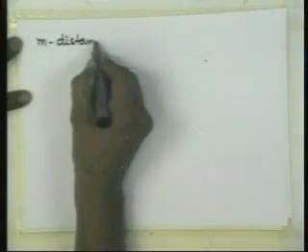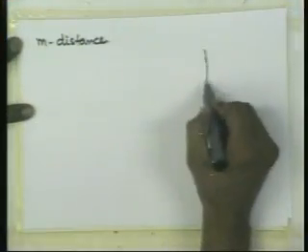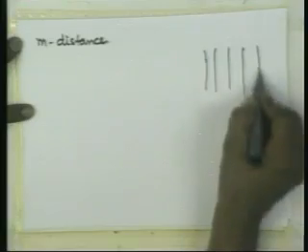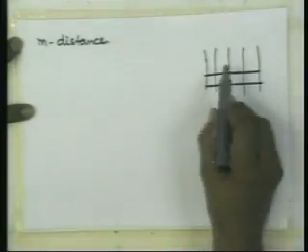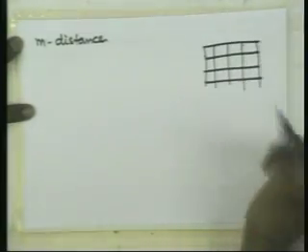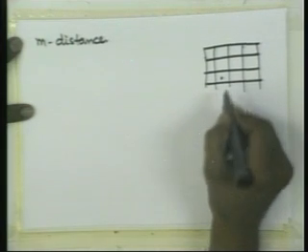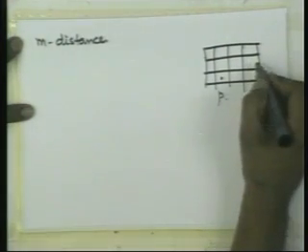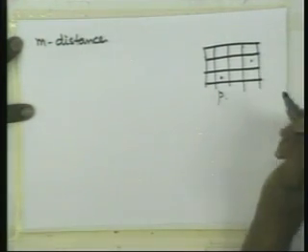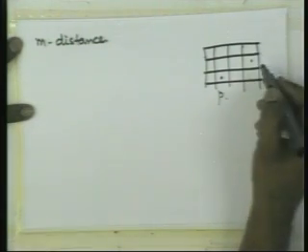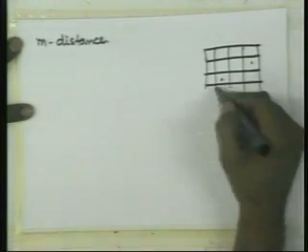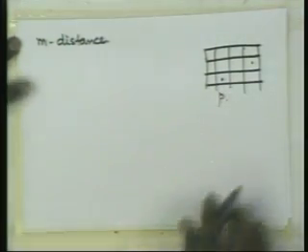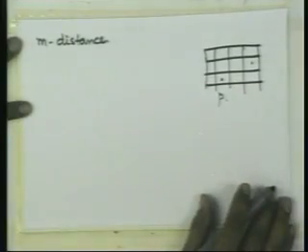Finally, let us also look at the M distance, which is the mixed mode distance criteria. This time I will not paint them because then it becomes very difficult to see. Supposing this is my P pixel and say this is my Q pixel, but now to find the distance it is not simply enough to look at this, because now I have to see whether they are connected or not. Only if they are M connected I can find the M distance.